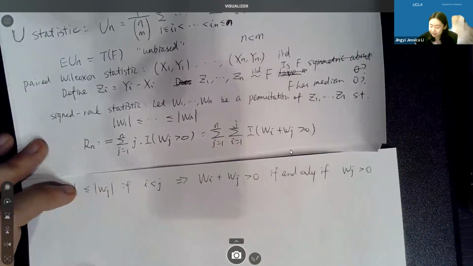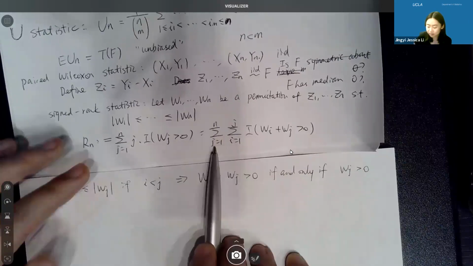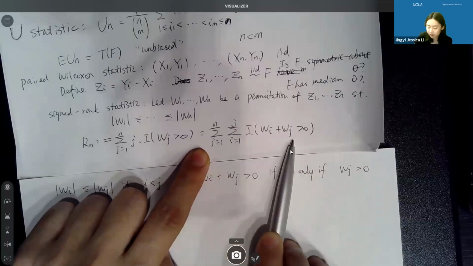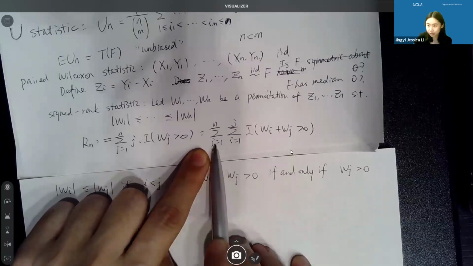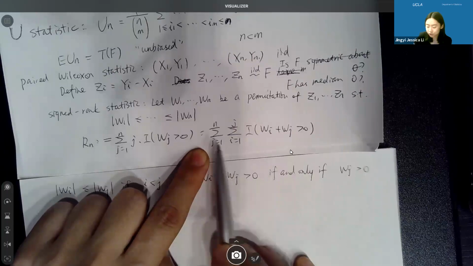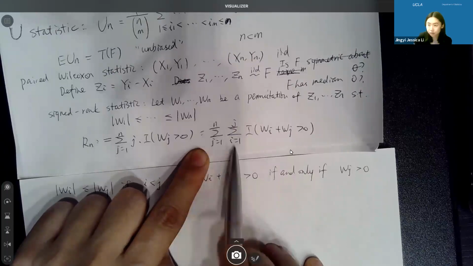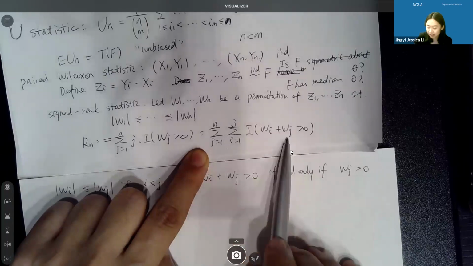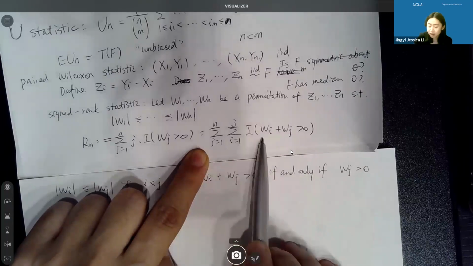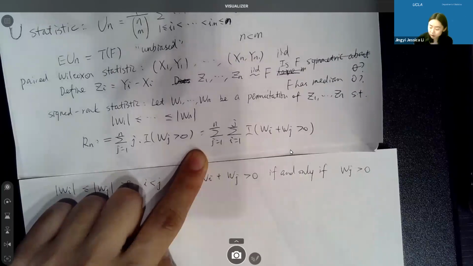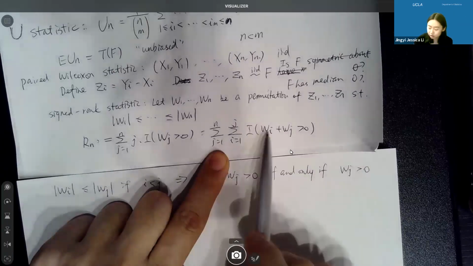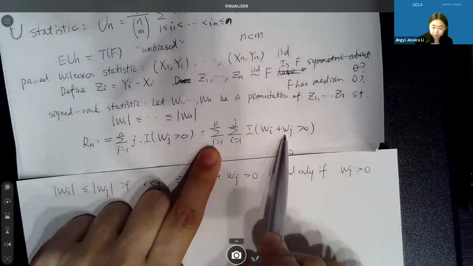And then I can take this summation one step further. With this sum, I'm doing a double loop, j from 1 to n, i from 1 to j, and I go through every Wj and every Wi. So I'm going through all of W1 to Wn using this double loop.